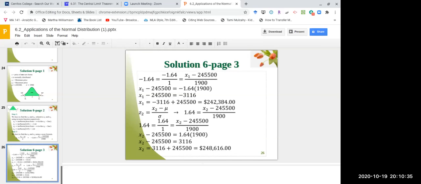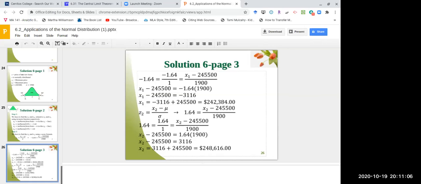Okay. And when we do that, we do our little proportions. We solve our proportions using cross multiplication. We then get that we have our minimum price and our maximum price, and those are the amounts that we need to be within the middle 90%.